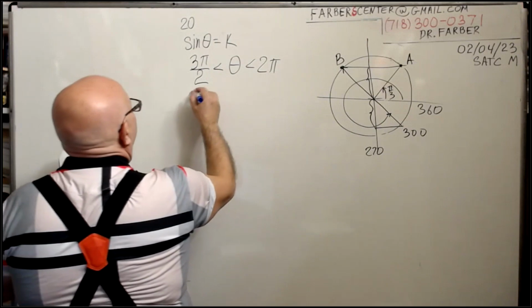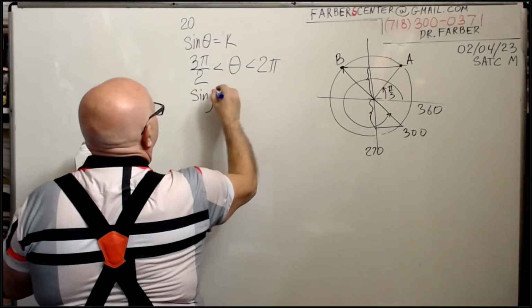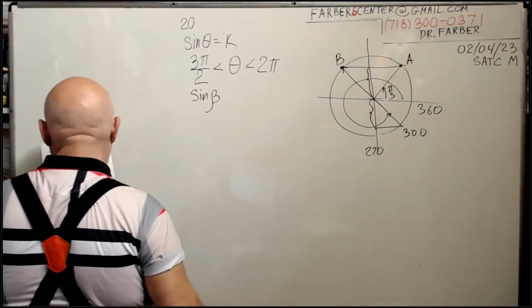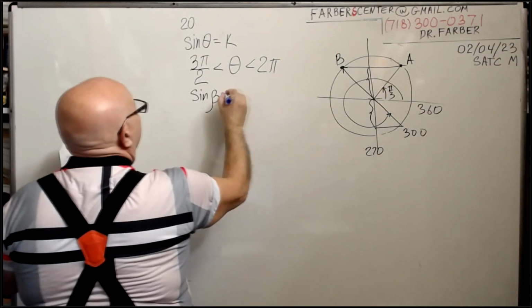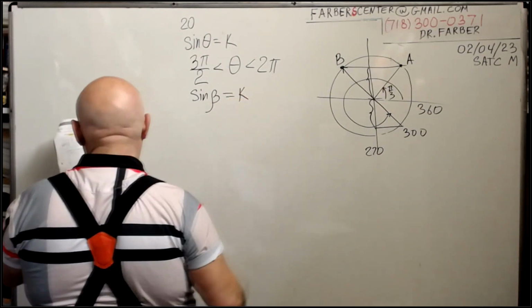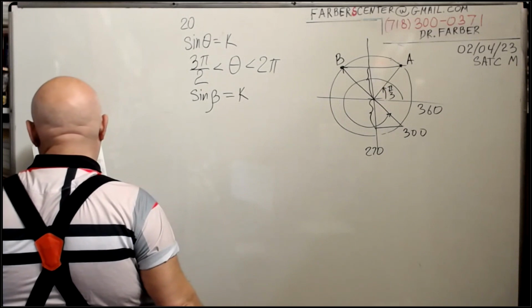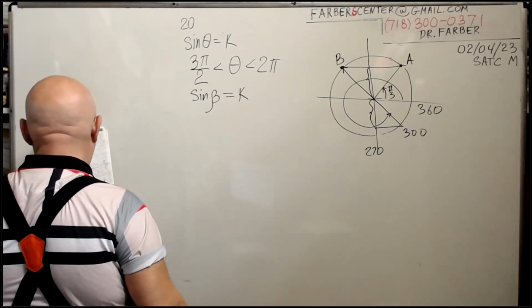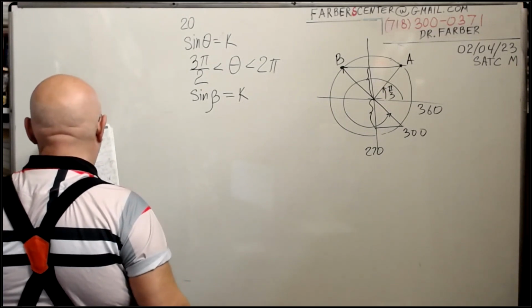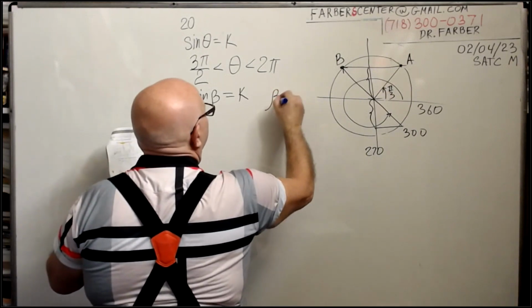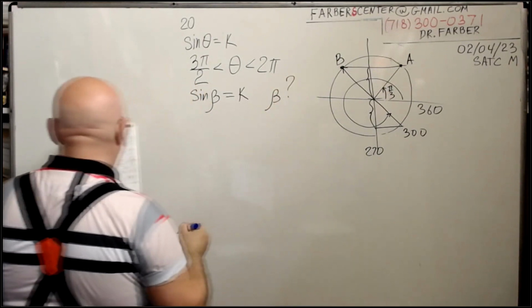If sine of beta equals k, which of the following could be the value of beta? You have to find beta. And you have multiple choices.